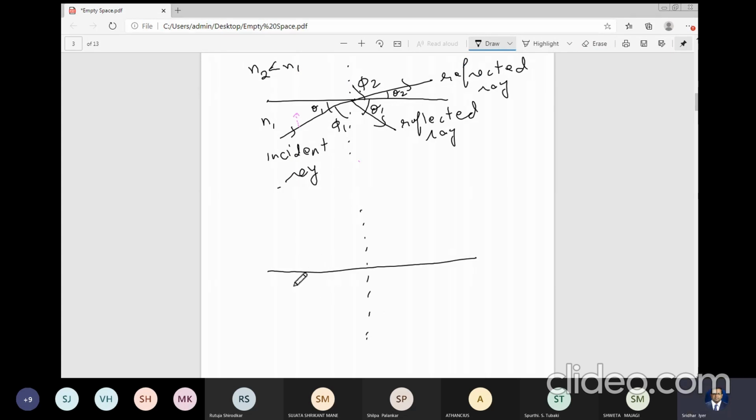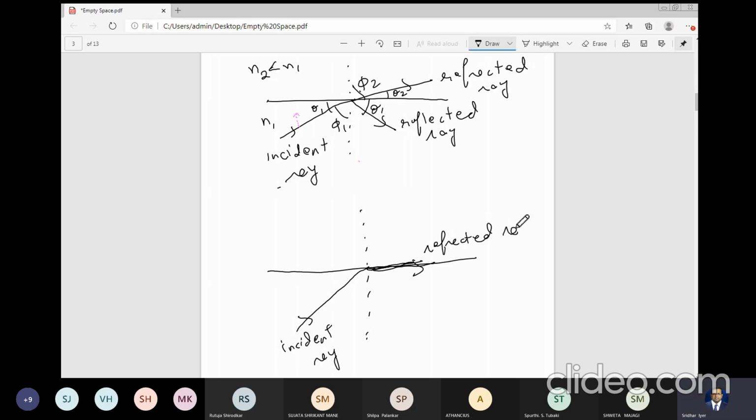Now let's say the incident ray has come somewhere here. This is the incident ray. It is at an angle such that the refracted ray lies just here.